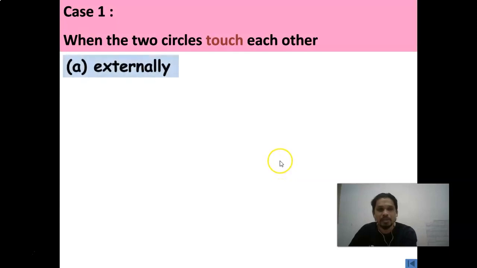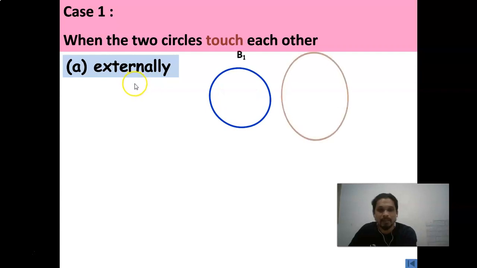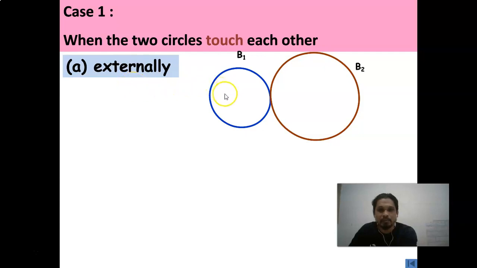So when two circles touch each other externally, externally means that both circles are not inside each other. The smaller one is not inside the bigger one, but outside, so they touch externally from outside. This is the point of intersection.